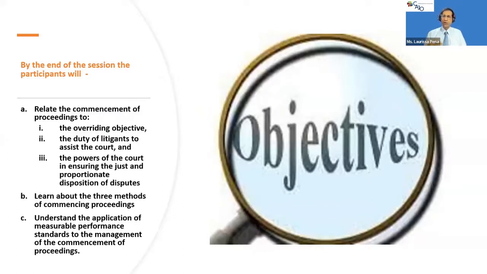You will also learn about 3 methods of commencing proceedings that your rules prescribe, and you will understand the application of measurable performance standards to the management of the commencement of proceedings.